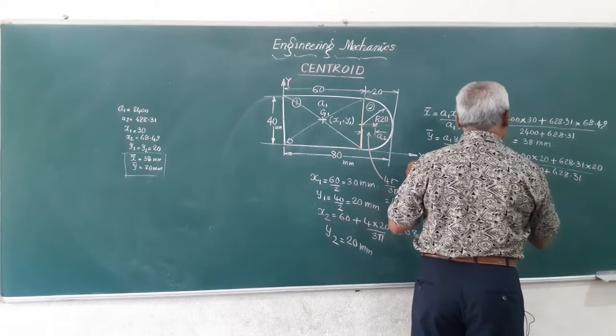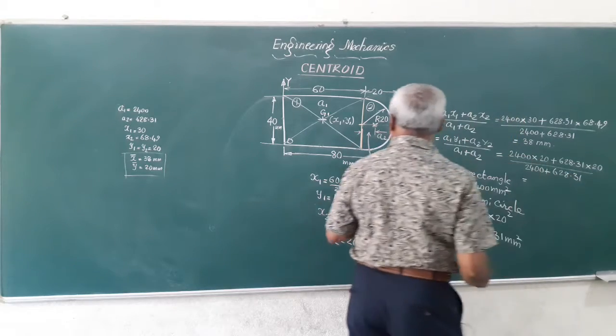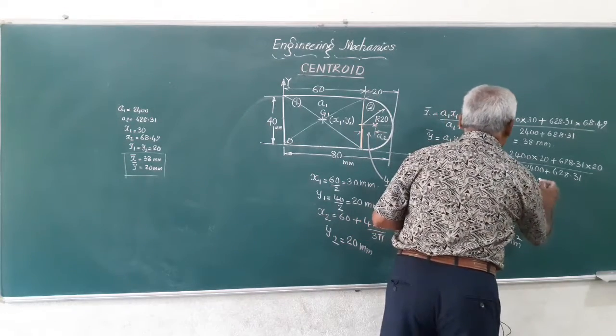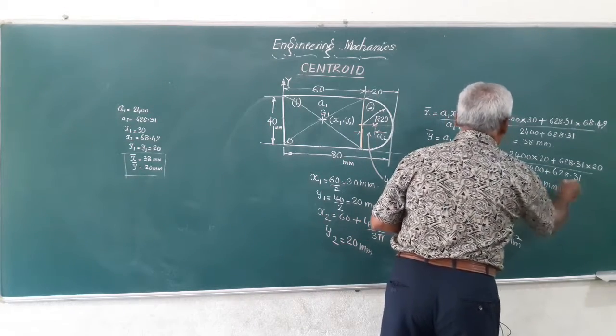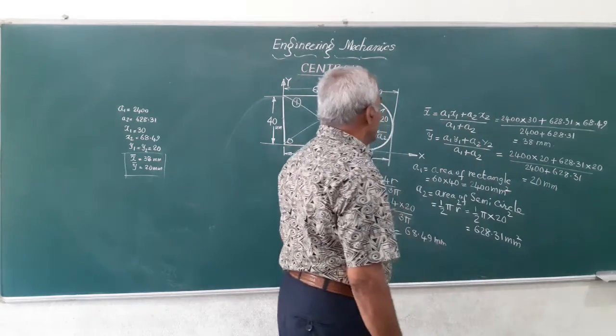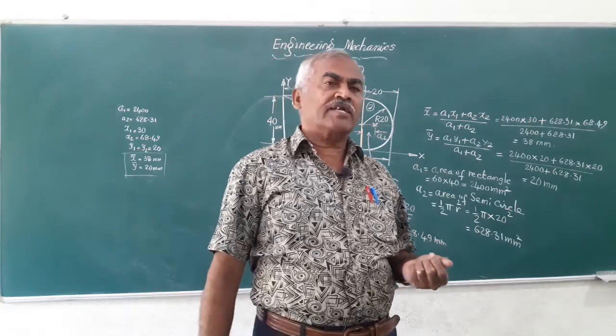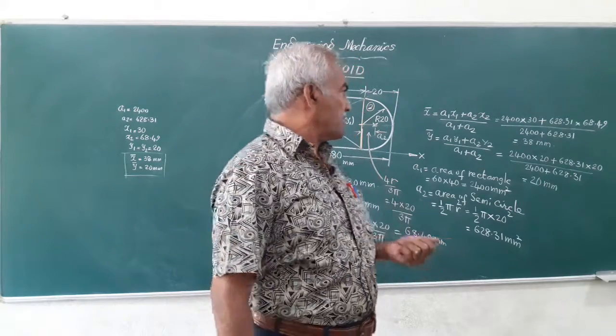If you simplify, friends, this value works out to 20 mm. Friends, we were able to find out the coordinates of the centroid of the composite plate.